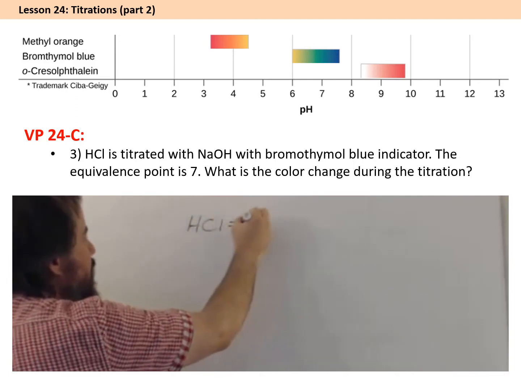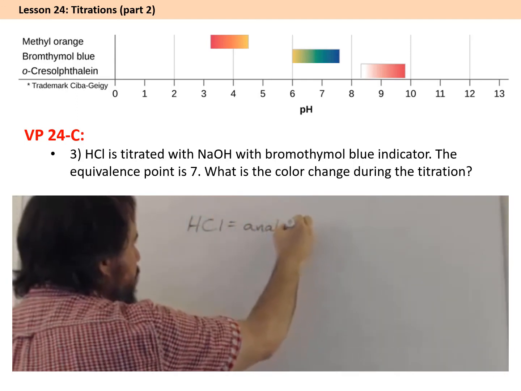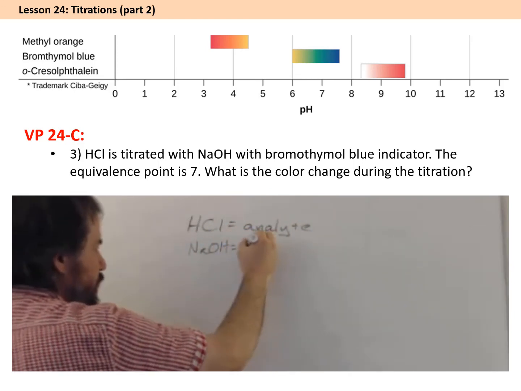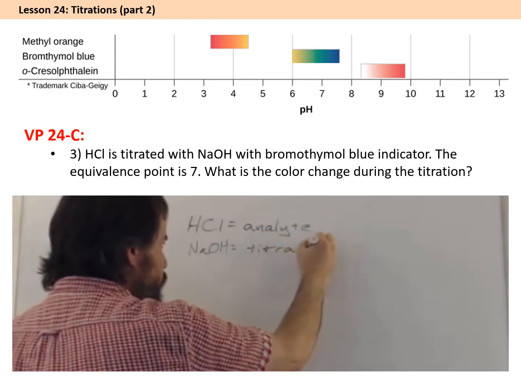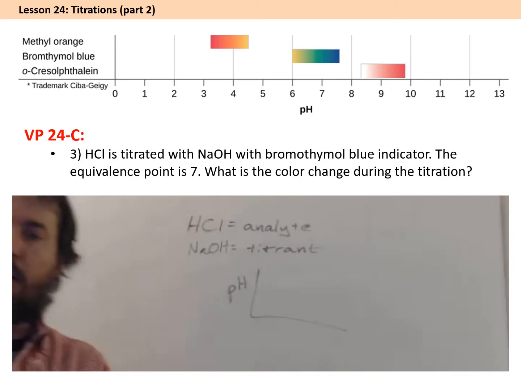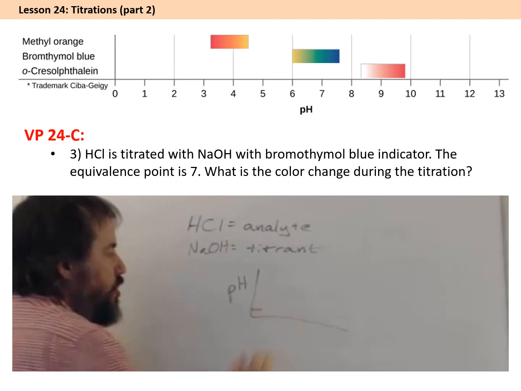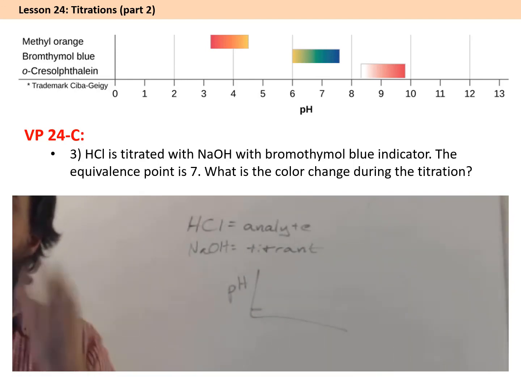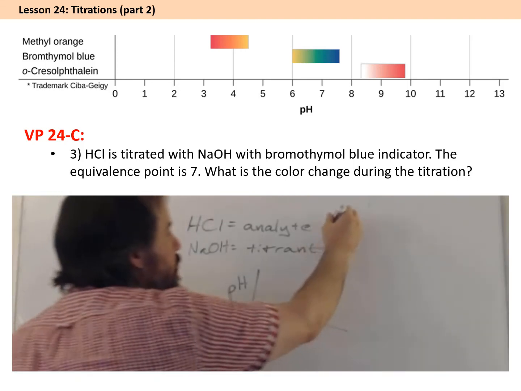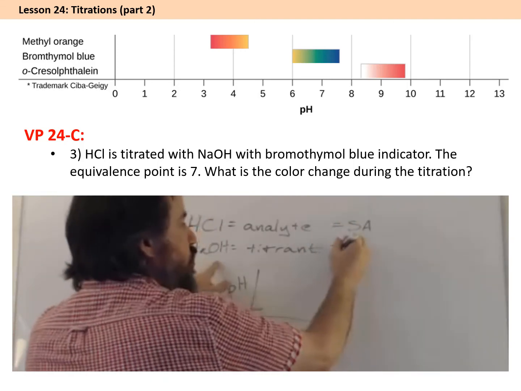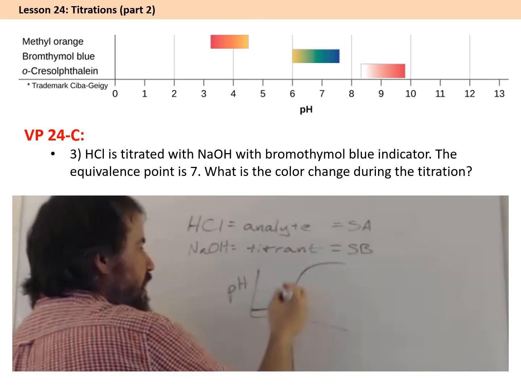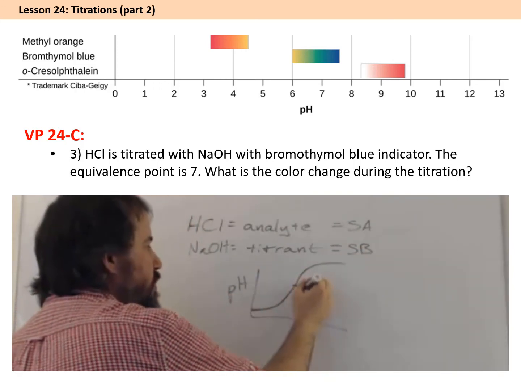So HCl must be my analyte, and NaOH is going to be my titrant. So if I think what this pH curve is going to look like, it's going to start off at low pH. Why? Because HCl is an acid. It's a strong acid. This is a strong base. So that means I'm going to get a curve right like this, where the equivalence point is going to be at pH 7.